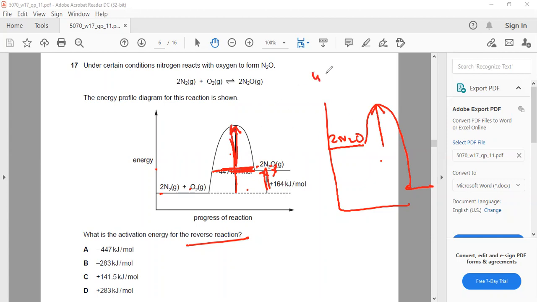Achha, this is total, 447 minus 164, 283. Okay. Again, reverse reaction, product becomes reactant, and the right hand side becomes the left hand side, the left hand side becomes the right hand side.